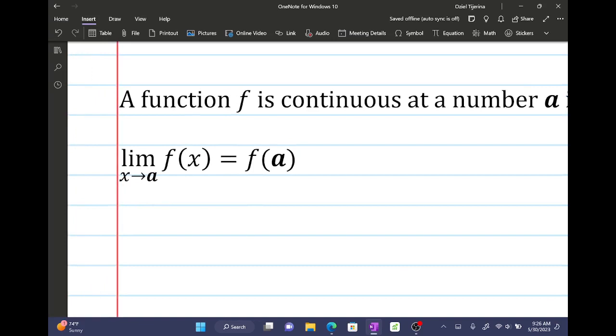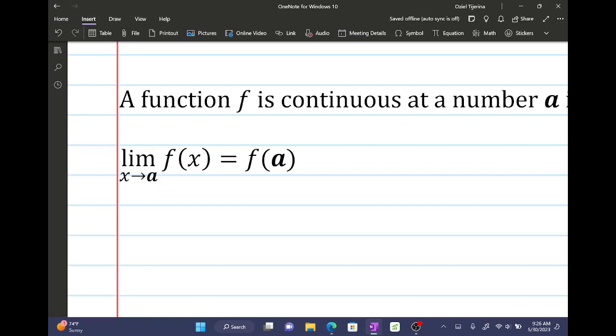And yes, it does involve limits. But this is different from the idea of a limit. They do go hand in hand, and they do have some relationship.